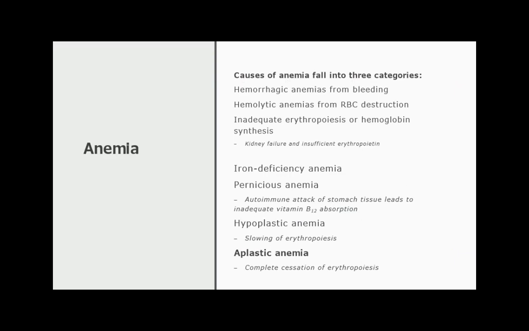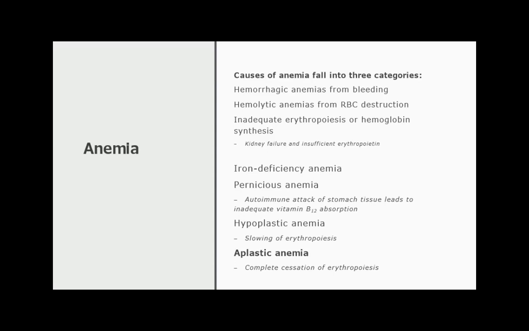There's 3 different types. You've got your hemorrhagic, which means you're bleeding somewhere. You've got your hemolytic, which means your red blood cells are just getting destroyed as soon as they're made. And then the third one is the inadequacy. That means the erythropoiesis just is not producing enough.